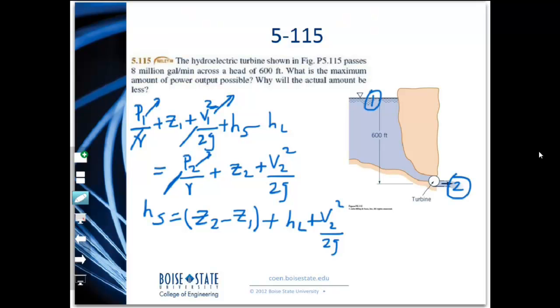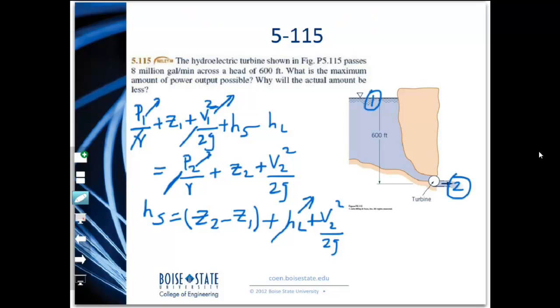So if you want maximum power, you don't want to have any losses, right? So HL will be 0, then Z2 minus Z1 is a negative number, so negative 600 feet plus V2² over 2g.